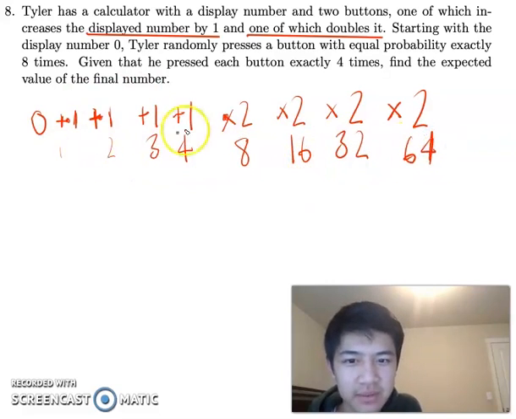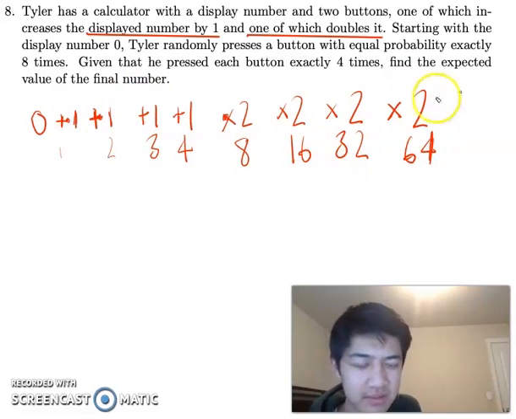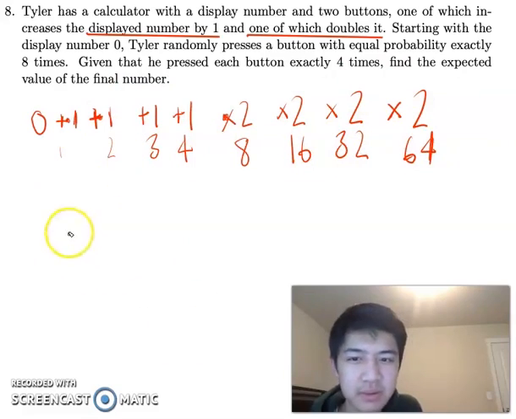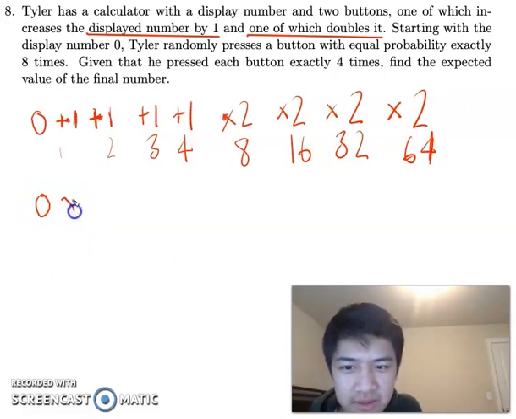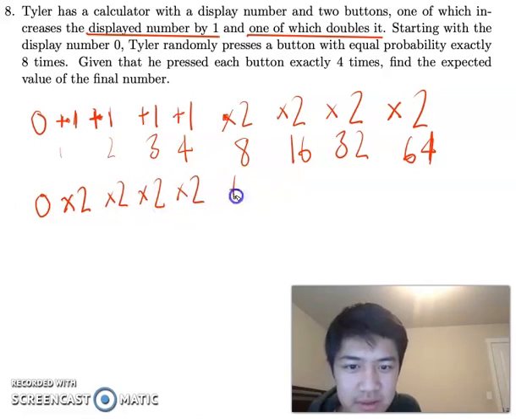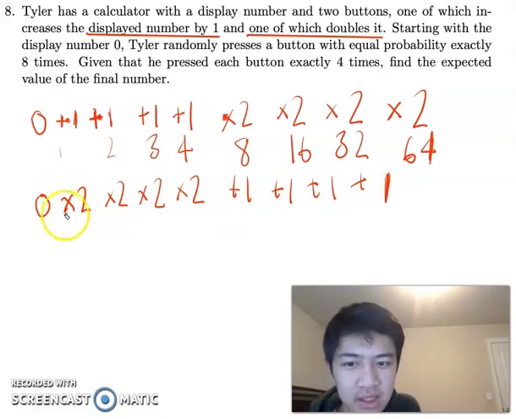If we add on all the ones first and then multiply all of them by 2, that's how we get the maximum out of it. And the minimum possible is if we started from 0 and did times 2, times 2, times 2, times 2, and then plus 1, plus 1, plus 1. All the way up to here we are at 0, and then from here we go 1, 2, 3, 4.